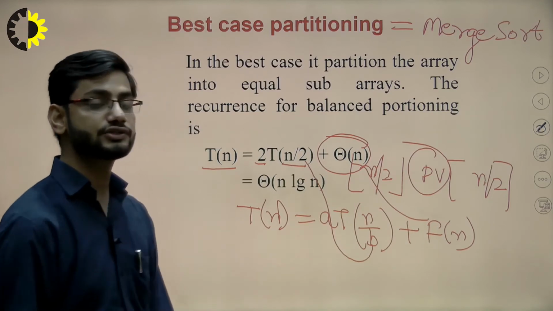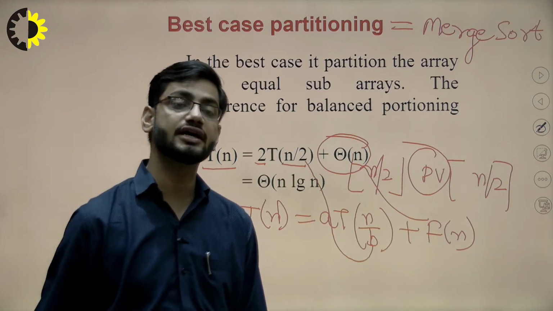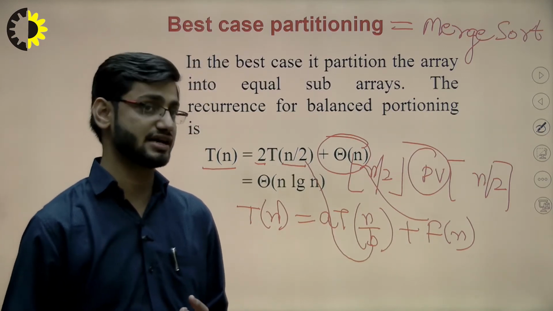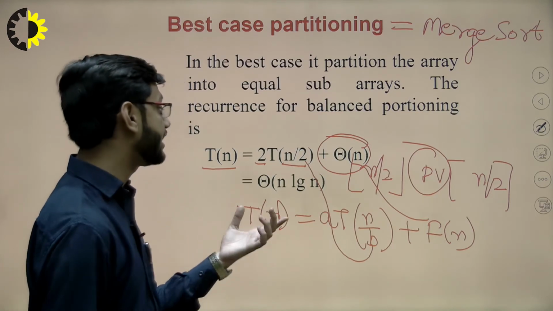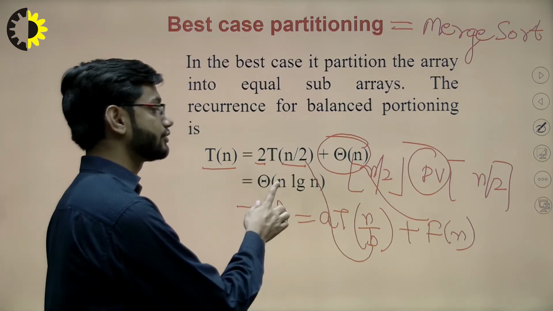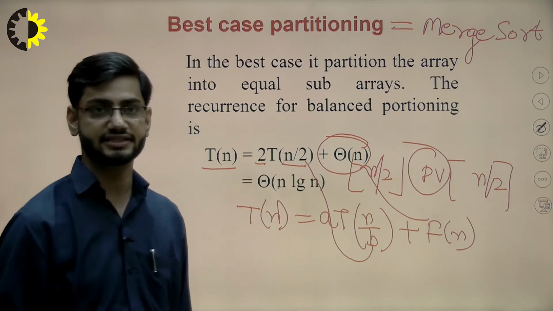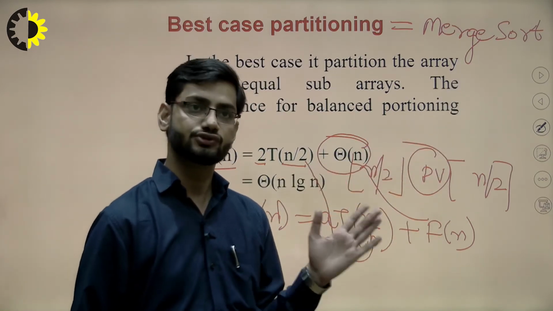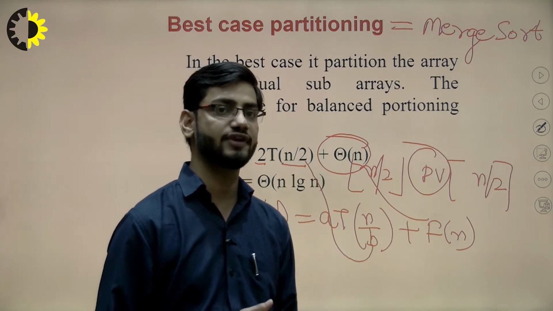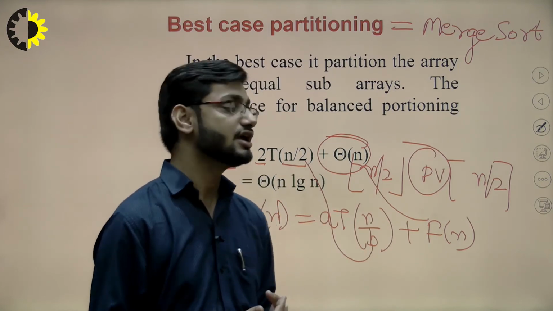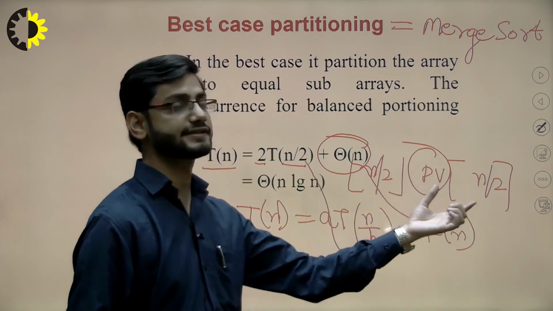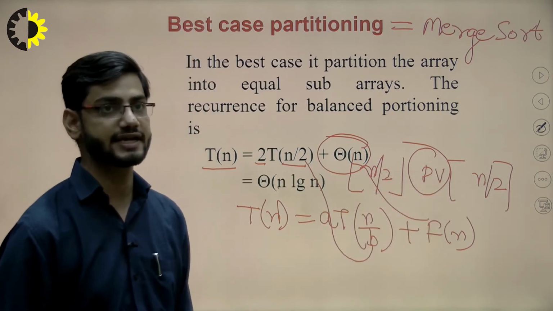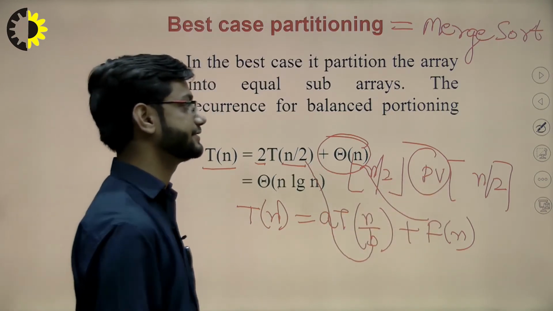If you solve this with the second case of the Master's theorem, you will get the time complexity of quicksort as n log n in the best case, which is equal to the time complexity of merge sort. This is the best case of quicksort, where the partitioning is balanced and we get two sub arrays of almost equal size containing n by 2 elements.